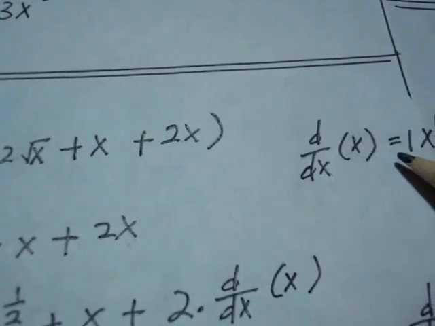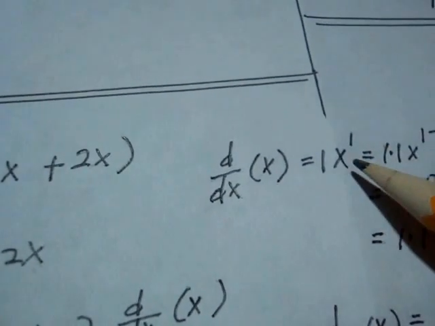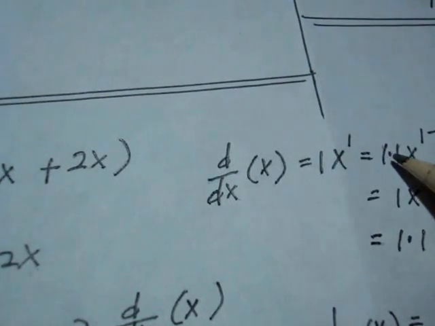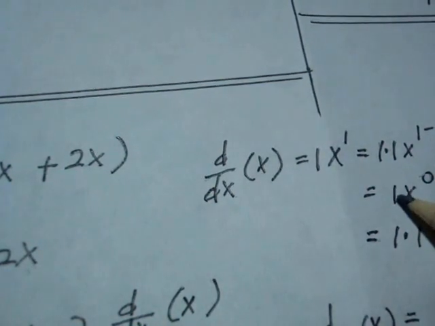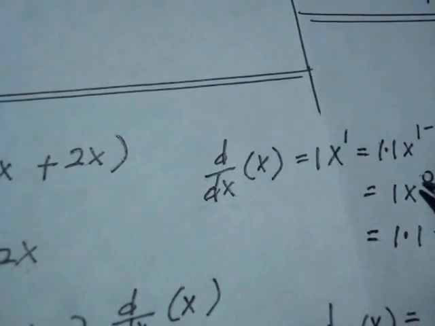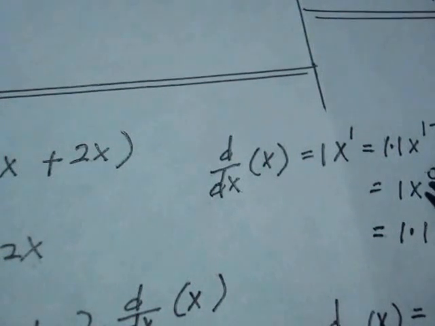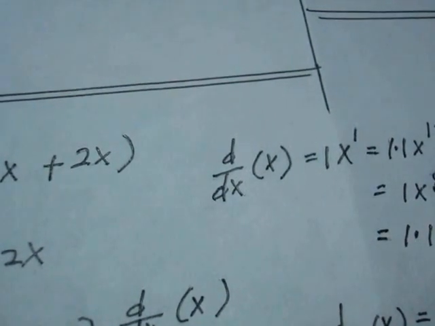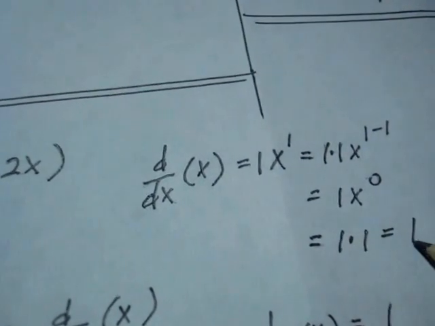So to take the derivative of x, you write it like this, and then you bring down the exponent, so it becomes 1 times 1. As for the exponent, you always minus 1, so it will be 1x raised to 0. We know that every time you have an x raised to 0, the answer will be 1. You just need to know that. So 1 times 1 equals 1.